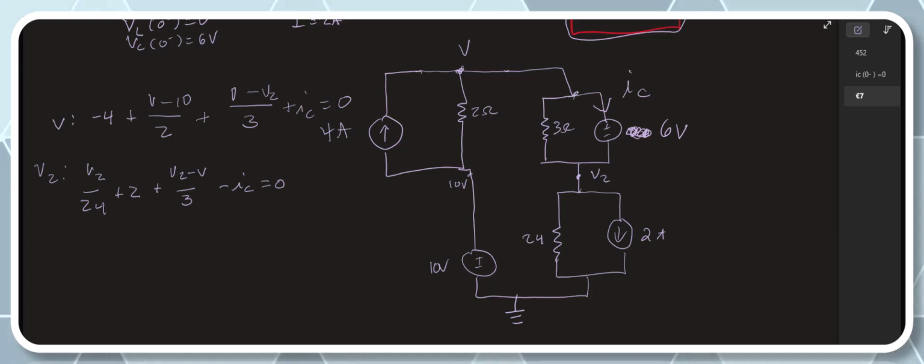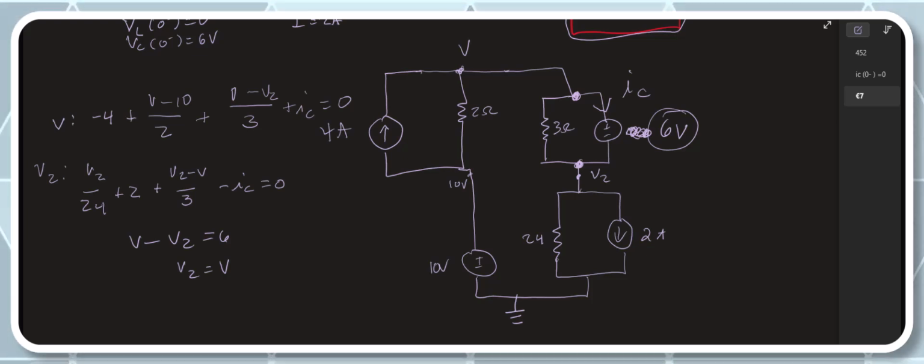But V is right here and V2 is right here, and I know the voltage across that is 6 volts. So I know that V minus V2 equals 6, or that V2 equals V minus 6.